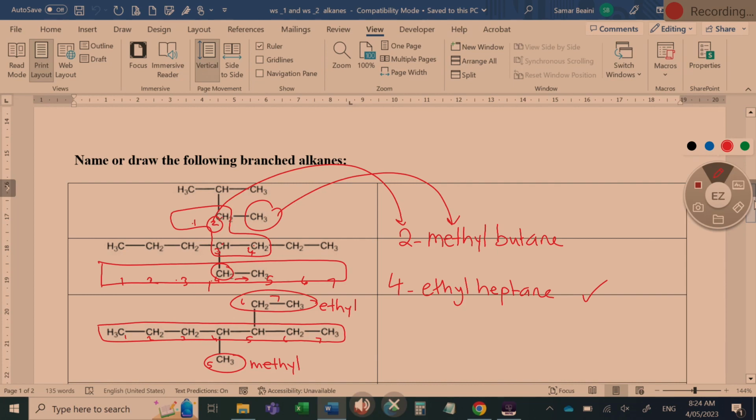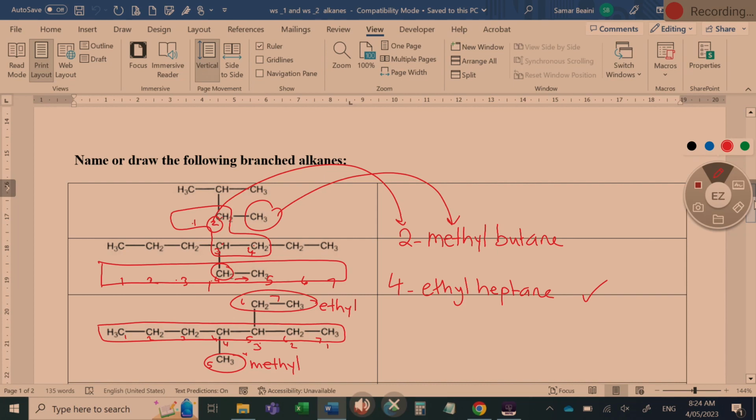Now here's where we need to decide which one we label first. The numbers are going to be the same. So methyl is always going to be at the 4th position. And this one is going to count from this side. Which one do you get closer to? Do I count from this side or that side first? That side, because this is the first group that I see. So I count from this side. 1, 2, 3, 4.